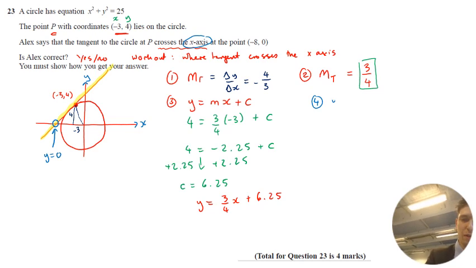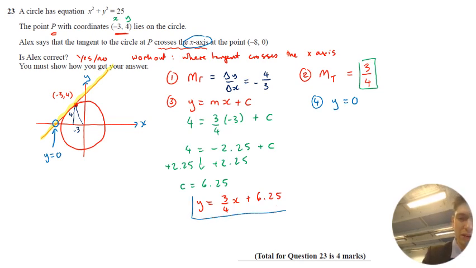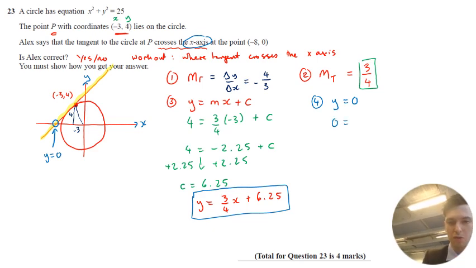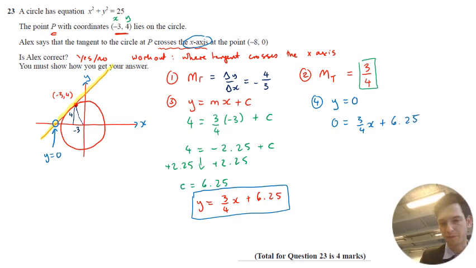So if y equals 0, I can substitute that into the equation that I've got here. So I can say 0 equals 3/4 x plus 6.25.